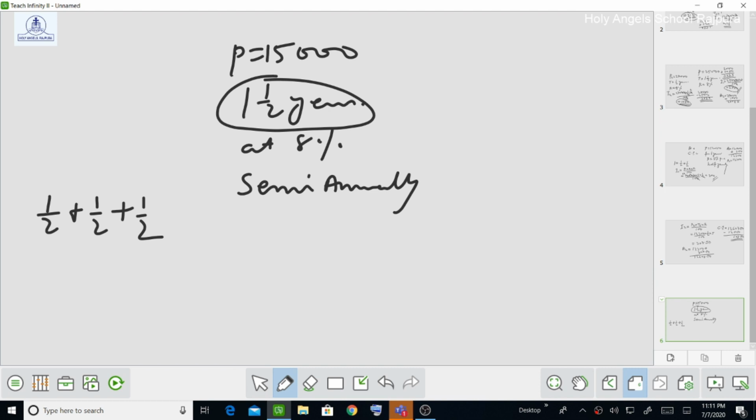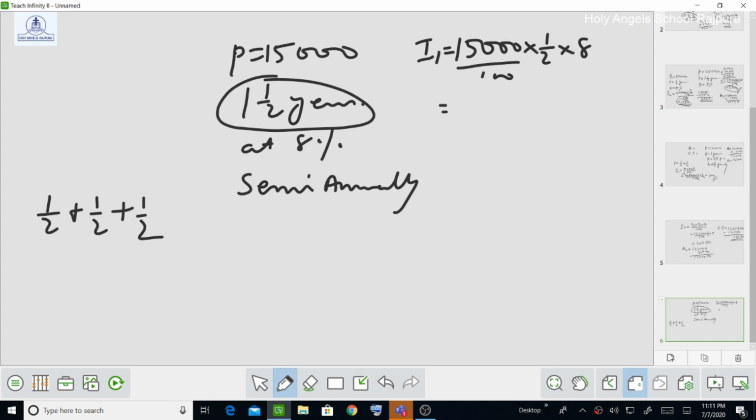Let us calculate I1. I1 is equal to 15,000 into time half into 8 upon 100.